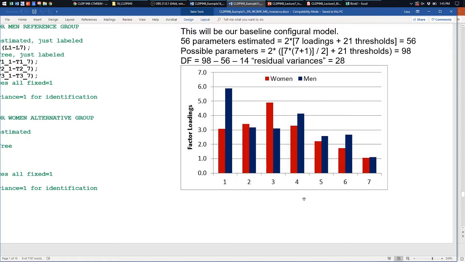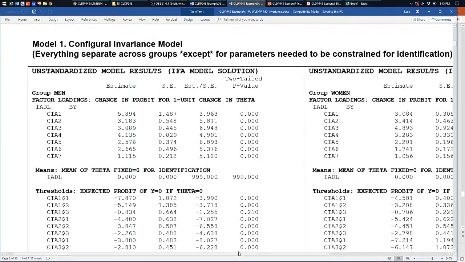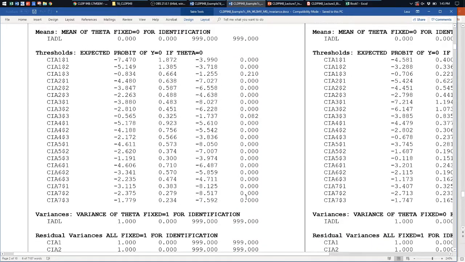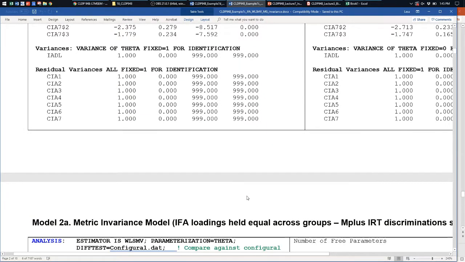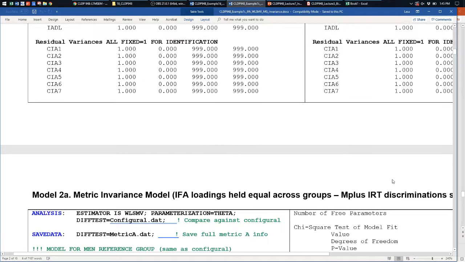Blue is higher on most of the items except for 3, which appears to be somewhat anomalous, right? 3 looks on the surface like it's way more discriminating in women than men. So that's foreshadowing what may happen next. So here's my model where everything is different. Loadings and thresholds. Factor mean, factor variance, and residual variances are all fixed for identification.